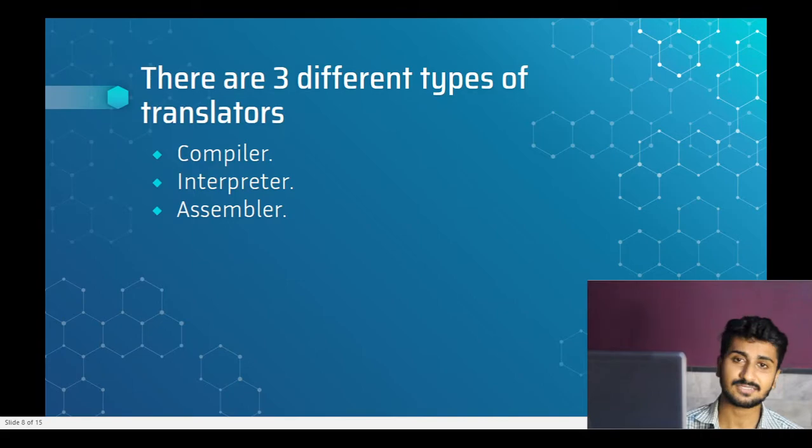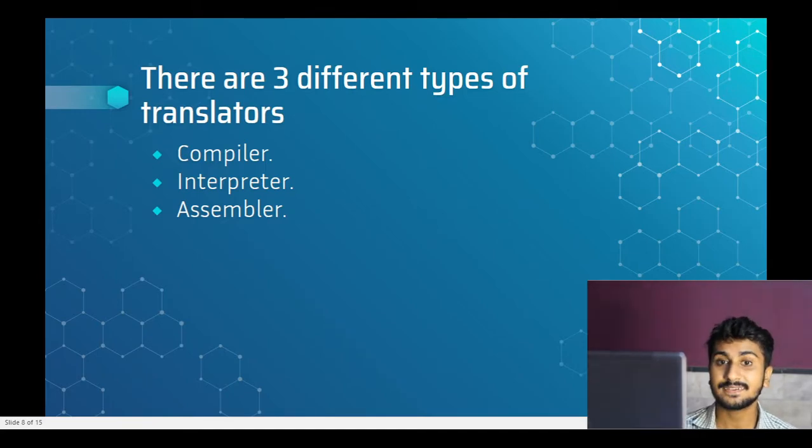A compiler translates high level language into low level machine language. It translates all the code at the same time, and reports only the first error if it finds one. It is used by C, C++ and C#.